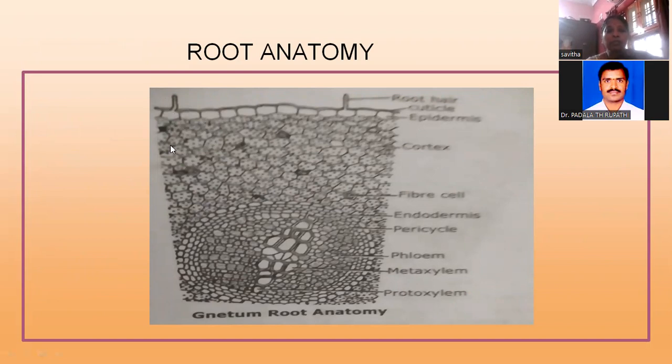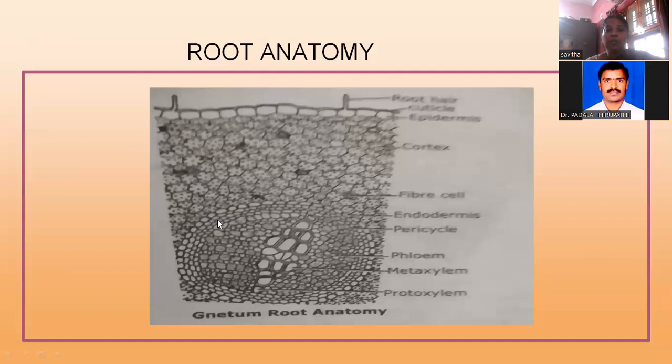The other region in the cortex is the endodermis, which is a single layer of parenchymatous cells without any intercellular spaces. The endodermis helps in storing starch, and the cortical region also helps in storing starch.